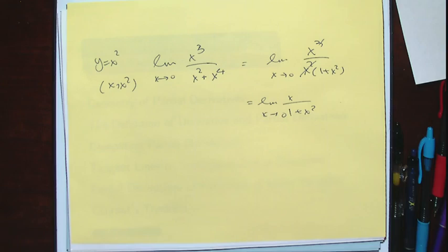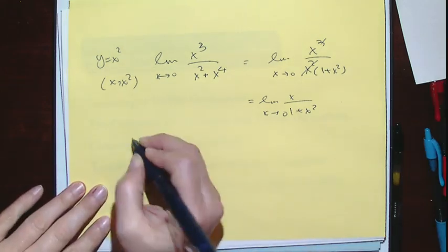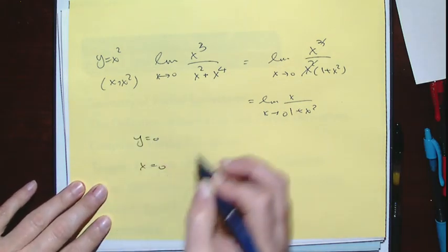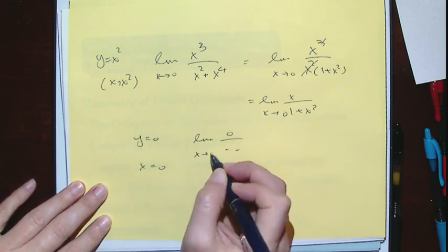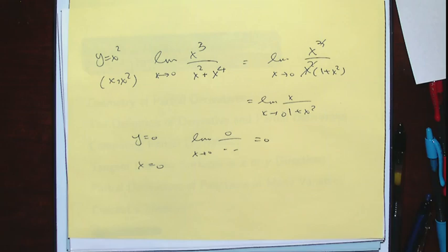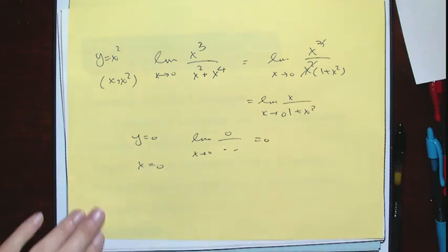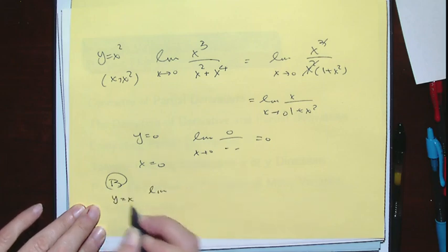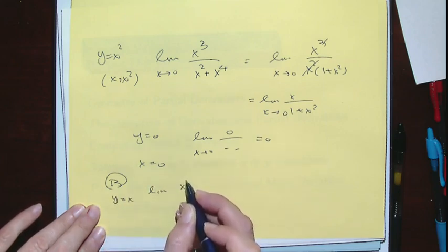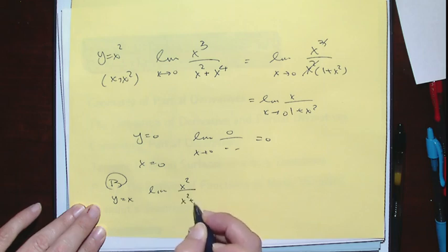Wait, we decided that A is not useful because for both of them, for y equal to 0 and x equal to 0, I get limit of 0 over something as x goes to 0, which is 0. So both of them are the same. B, as y equal to x, I get x squared over x squared plus x squared.